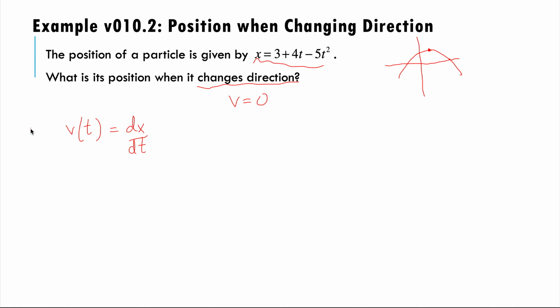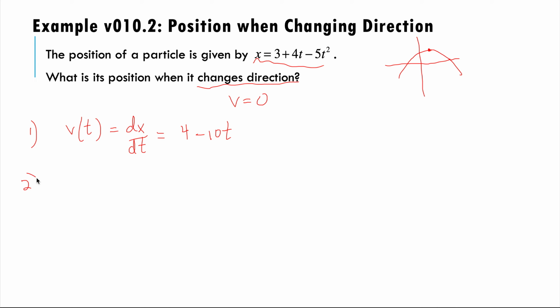So the first step is to find the velocity by taking the derivative. Taking a derivative of this function, we're going to get 0 for the first term, 4 for the second term, and negative 10t for the third term when we take the derivative with respect to time.